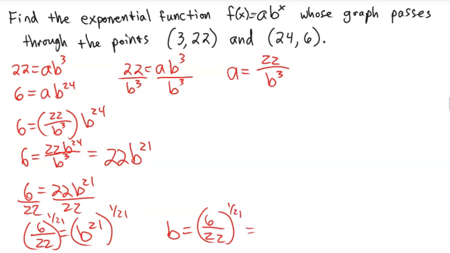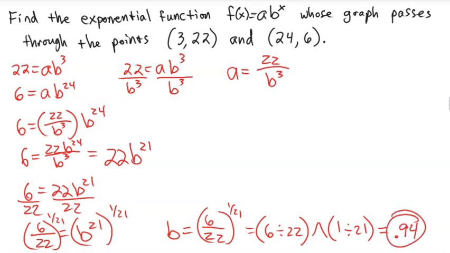Now this is going to look a little funky in the calculator, but what I would do is parenthesis 6 divided by 22 in the calculator, close parenthesis, raise it to the power of 1 divided by 21. If you key it in like this, you should get the right answer. I'll be right back. And what I get is 0.94 as my answer. And so b is approximately equal to 0.94.